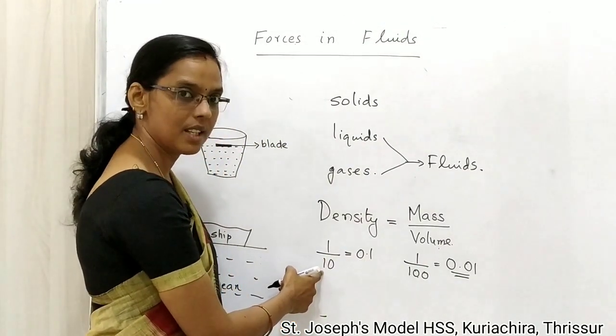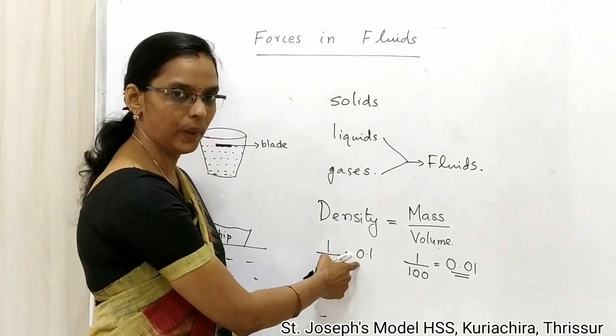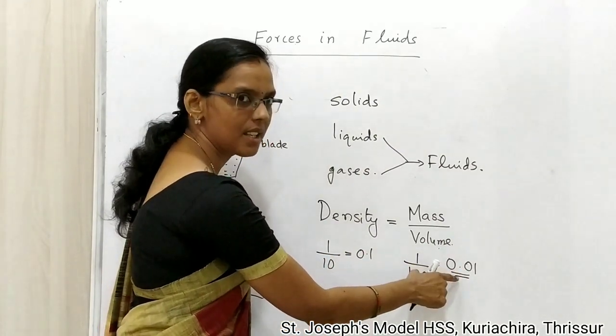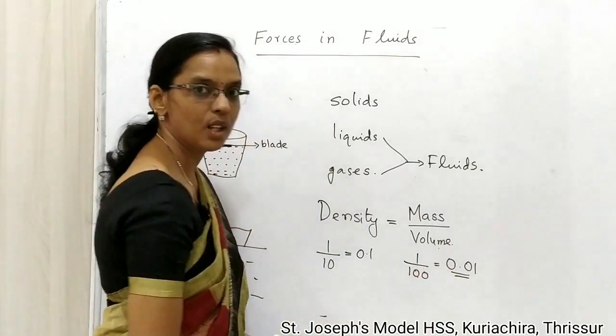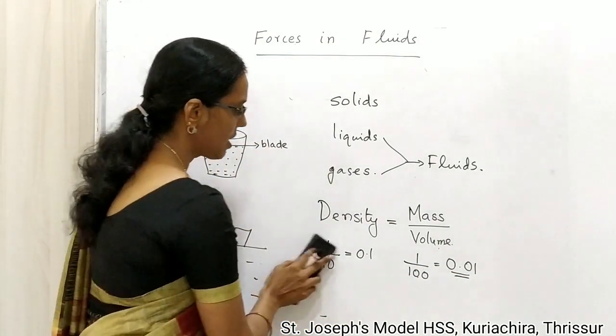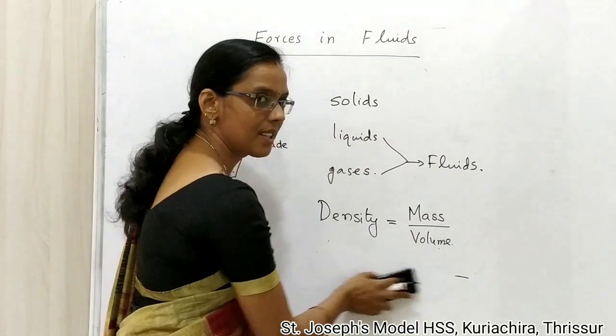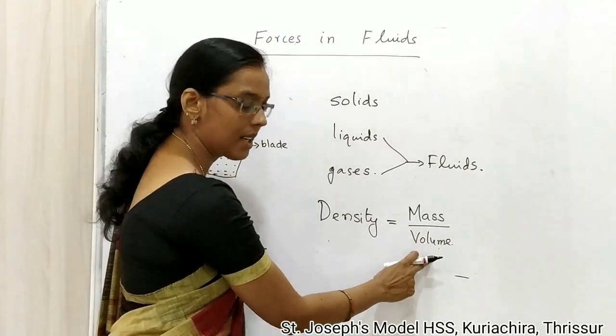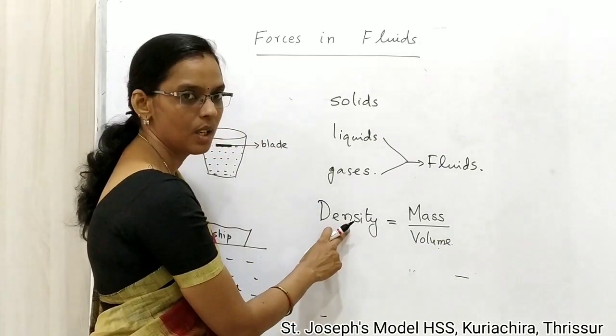Here denominator is 10. So the result is 0.1. Here the denominator is 100. So the result is small, 0.01. That means if denominator is large, that is here what is denominator? Volume. Volume is large, then density is small.